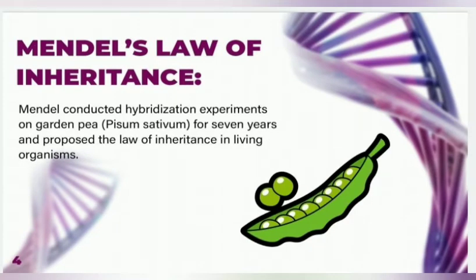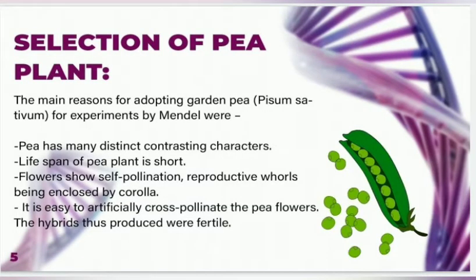Mendel's law of inheritance. Mendel conducted hybridization experiments on garden pea, Pisum sativum, for 7 years and proposed the law of inheritance in living organisms. Selection of pea plant. The main reasons for adopting garden pea, Pisum sativum, for experiments by Mendel were: first, pea has many distinct contrasting characters.